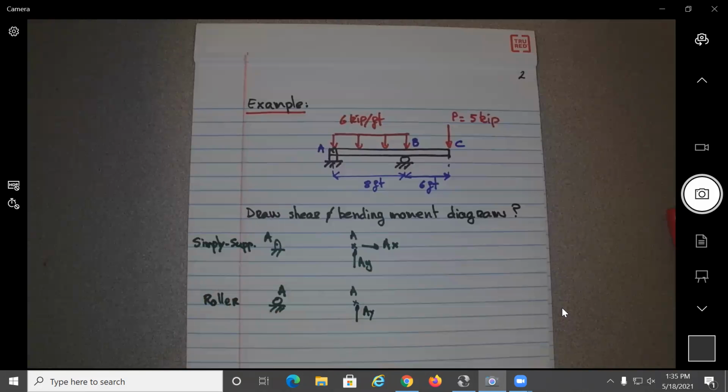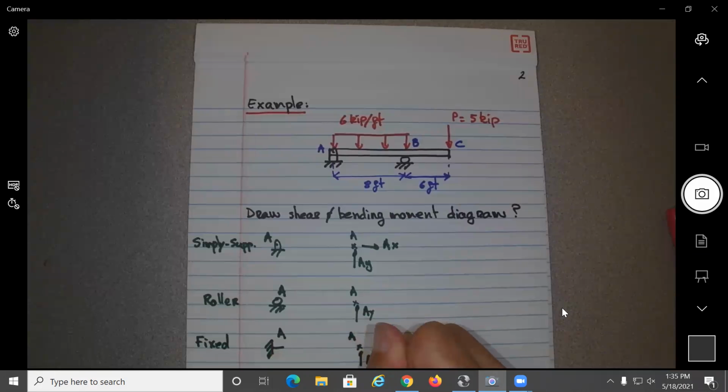And now if you have something that is fixed or clamped, so let's say fixed, so it would be something like this. How many reactions you're gonna have? You're gonna have a Y, a X, but you're also gonna have what? A moment MA, no? Okay.